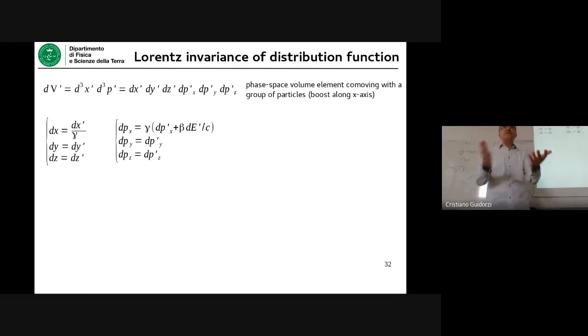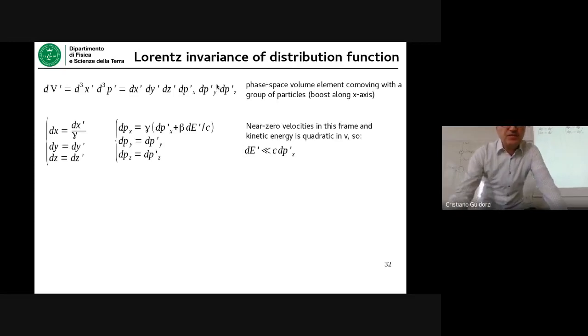So again, we have to use Lorentz transformation for the momentum-energy as well. In particular, the only component that is affected is the component of the momentum parallel to the direction of motion. Just use Lorentz transformation, and you see that this is the factor coming into play. So the momentum increases by a factor of gamma, plus this term.